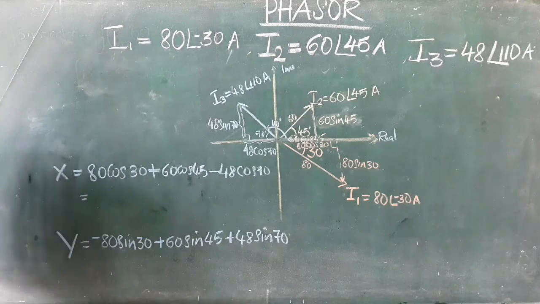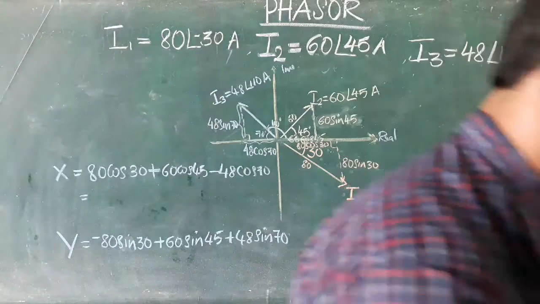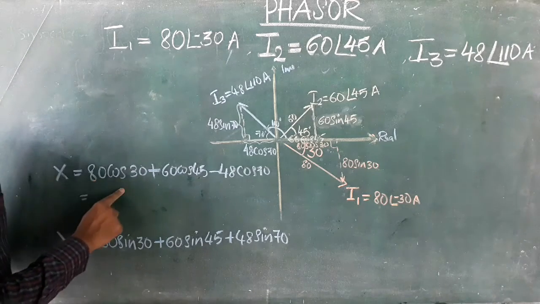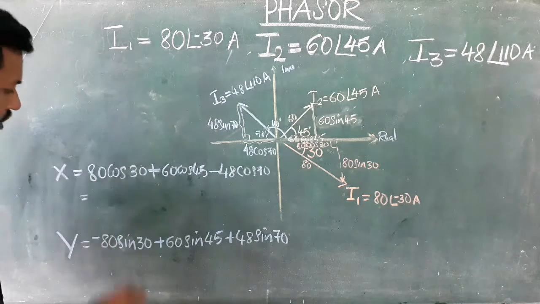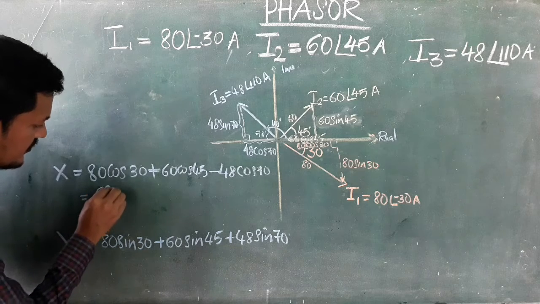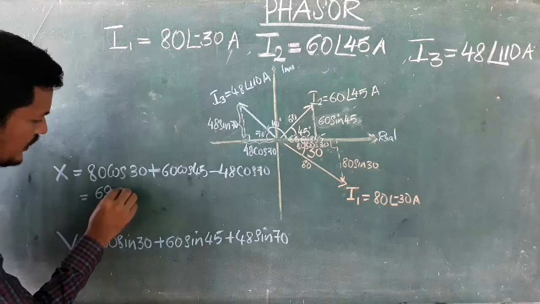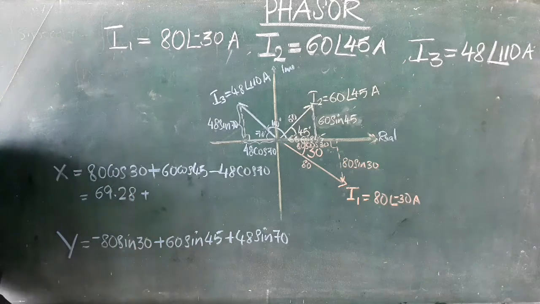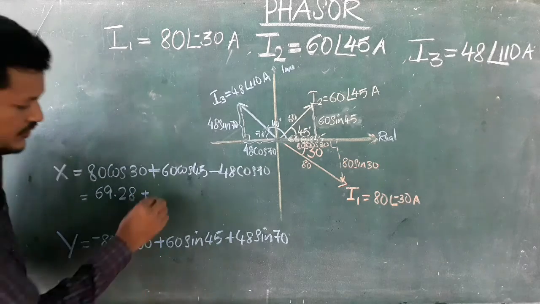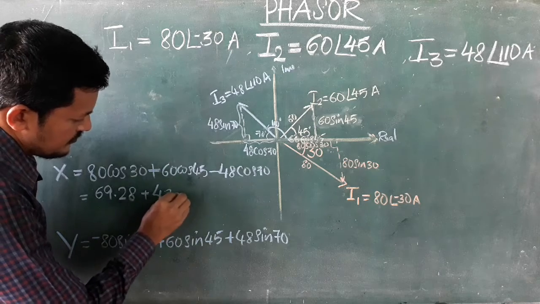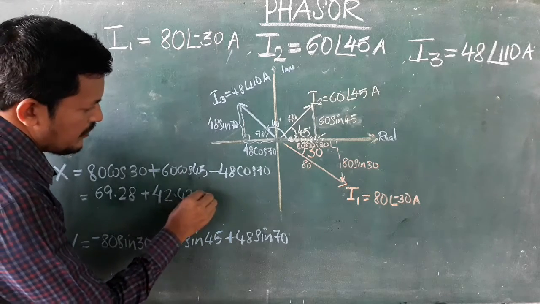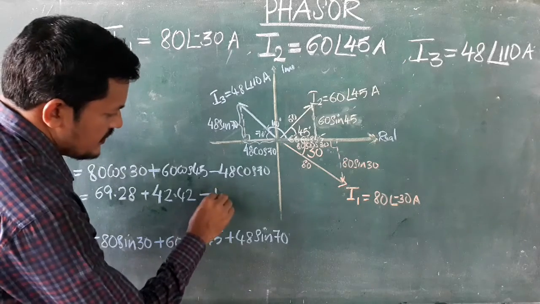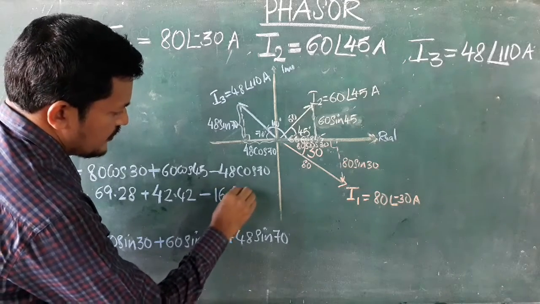So 80 cos 30, the value is 69.28, plus 60 cos 45, that is 42.42, minus 48 cos 70, that is minus 16.42.